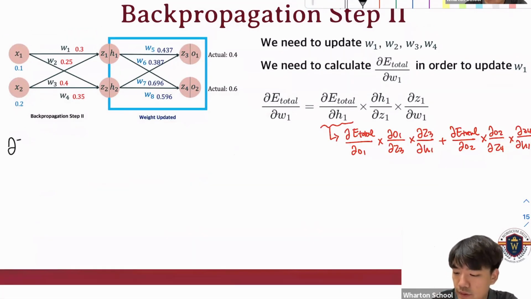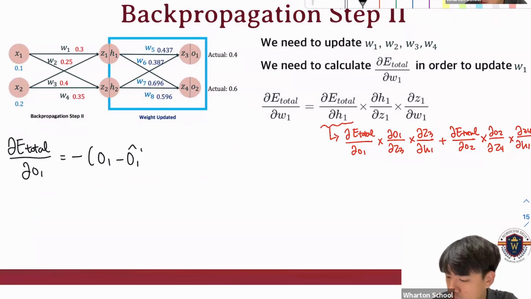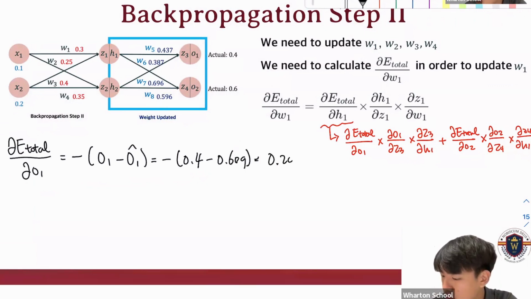Now, the partial derivative of E total with respect to O1 is equal to minus the actual value of O1 minus the predicted value of O1, which was minus 0.4 minus 0.609, which is 0.209.